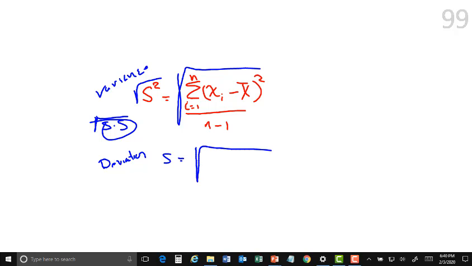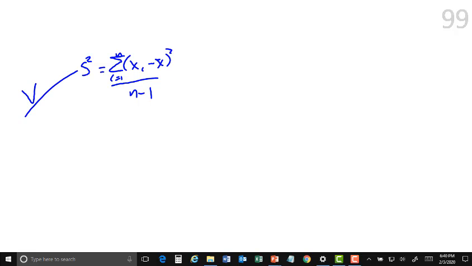And that's why this one's equal to, let me get rid of this. Okay, so the variance, it's the same equation. It's just either with a square root or not. Xi minus x bar squared, summation i equals 1 to little n, divided by n minus 1. Okay, now that's called my variance. But if I want to find just the deviation, which is just the s by itself, the only way to get the s by itself is to square root it.